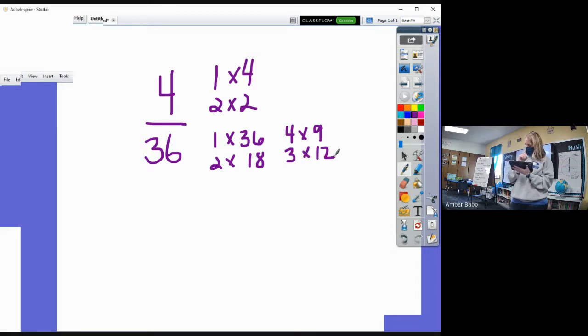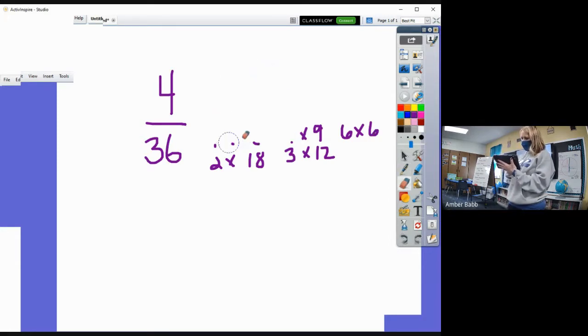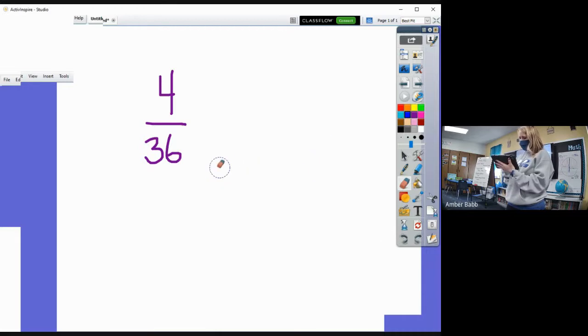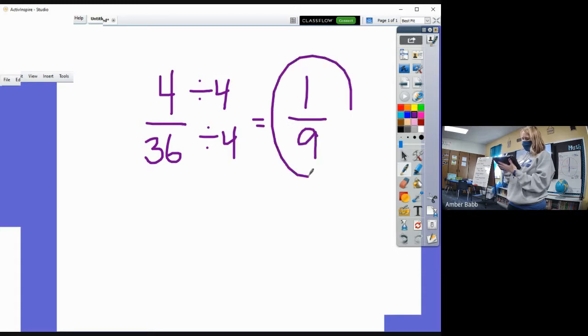Okay, lots of factors, but what's my greatest common factor? 4. So when I divide by 4, I get a 1 and a 9.